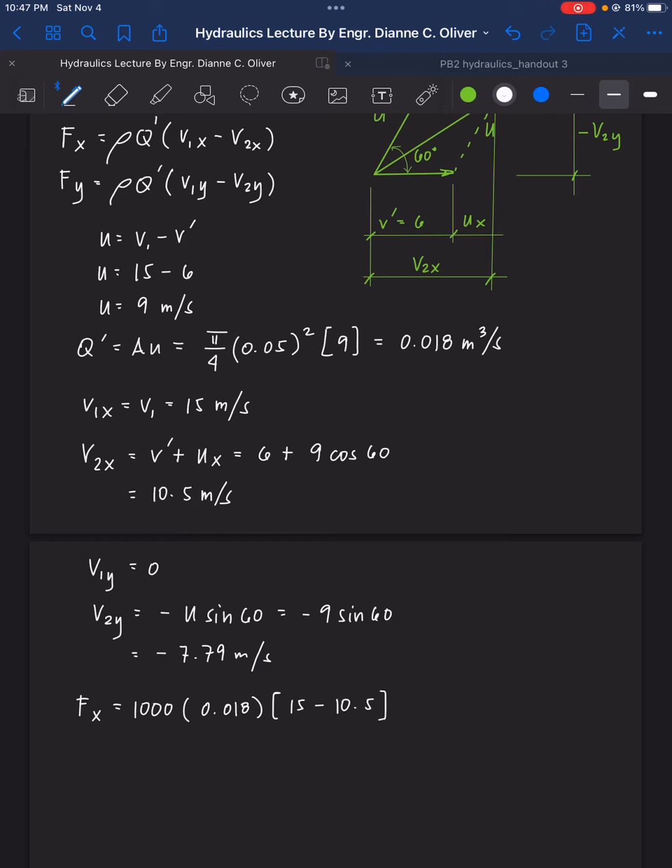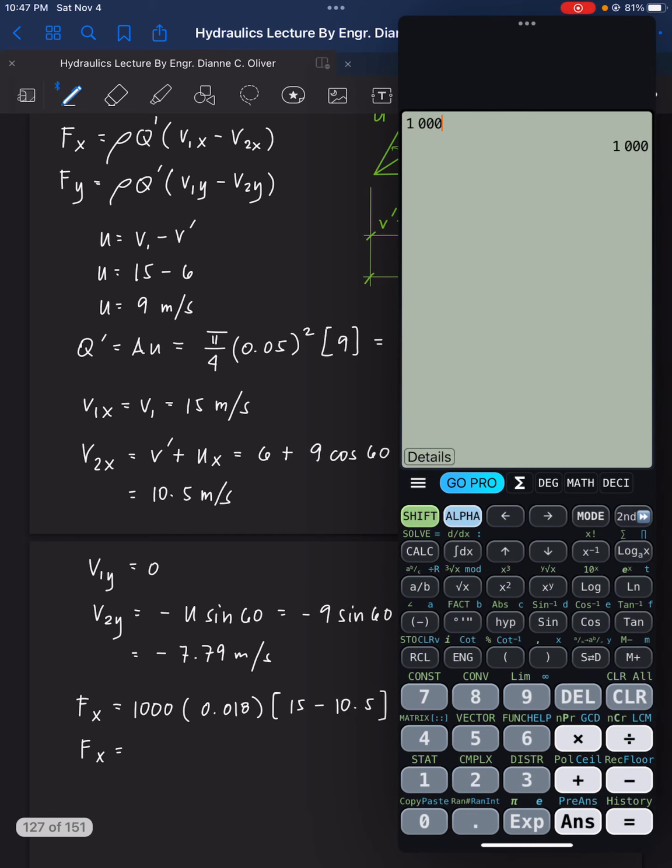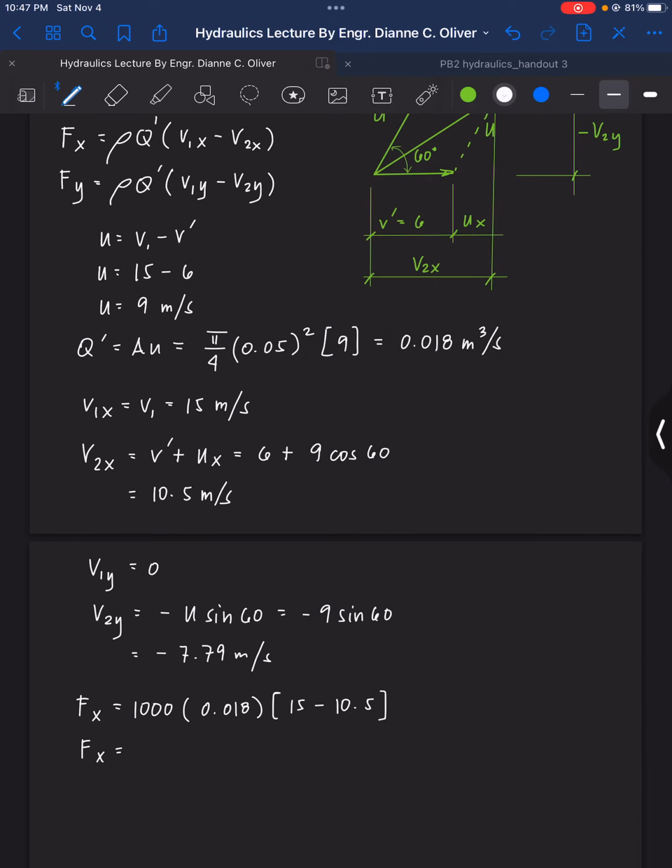So Fx is equal to 1,000 times 0.018 times (15 minus 10.5). That is 81 Newton. So 81 Newton. And the direction is to the right.